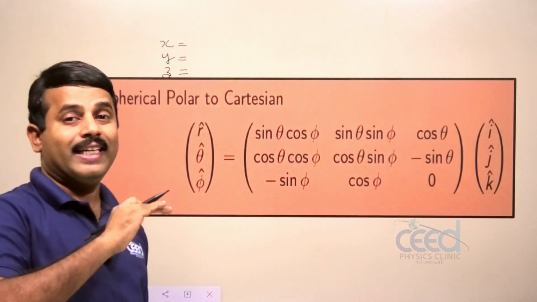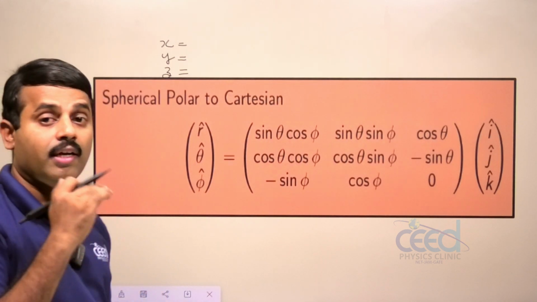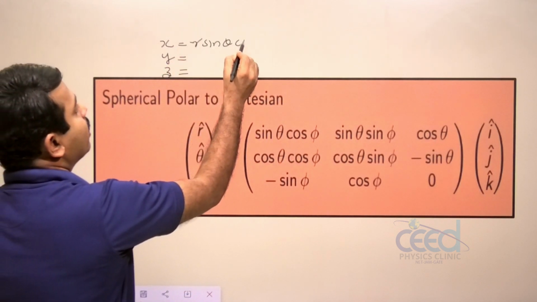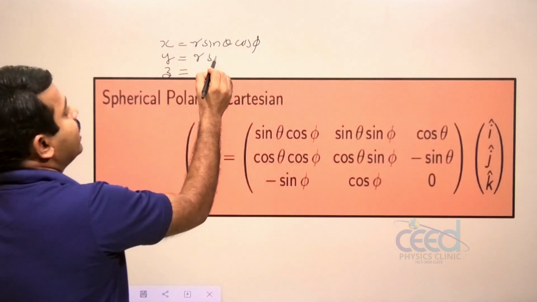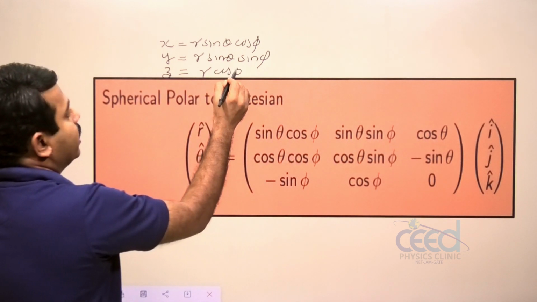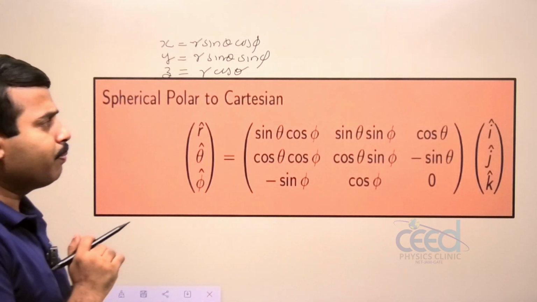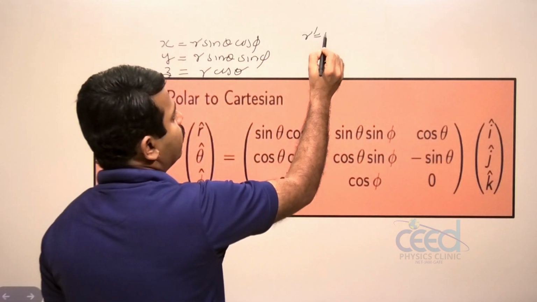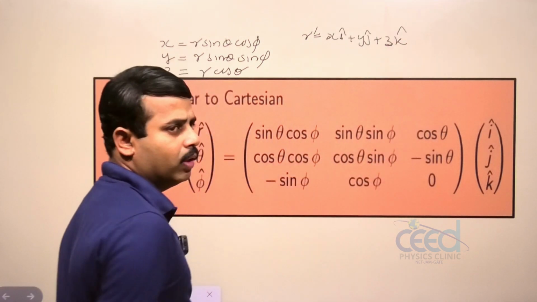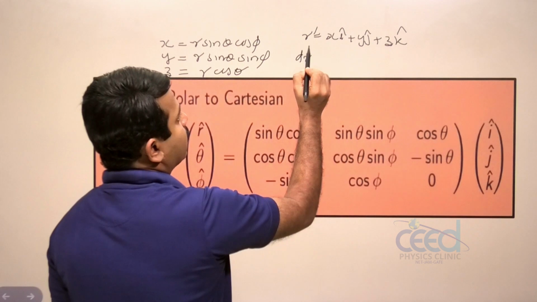We derived x, y, z representation in terms of spherical polar coordinates r, θ, φ. What we studied: x is r sin θ cos φ, y is r sin θ sin φ, and z is equal to r cos θ. This only we studied, right. Now how generally do we represent the position vector? r' is equal to x i cap plus y j cap plus z k cap, alright. Now dr', the length element, right.